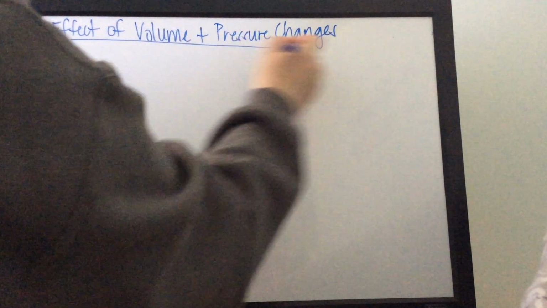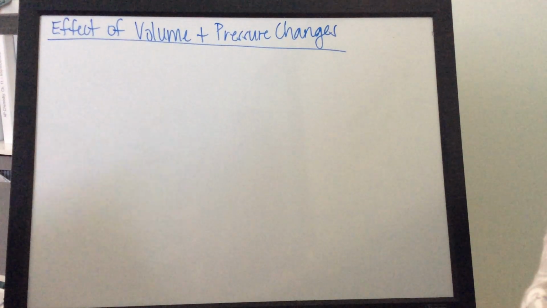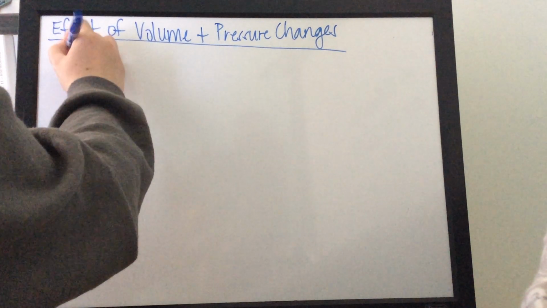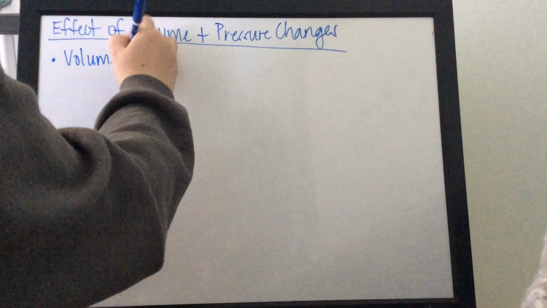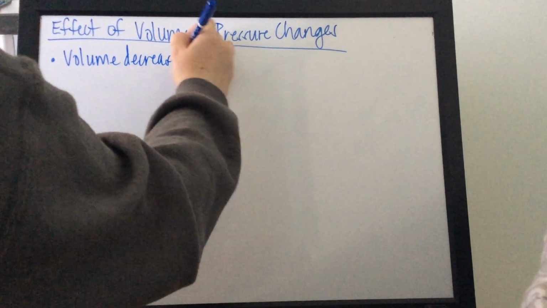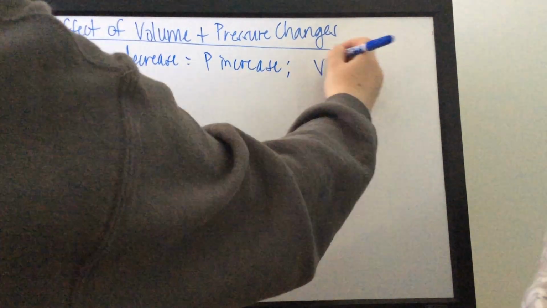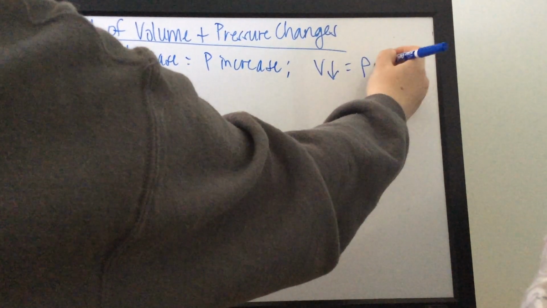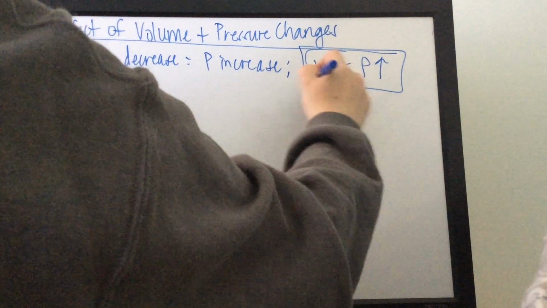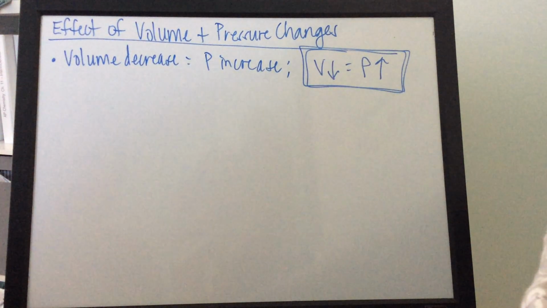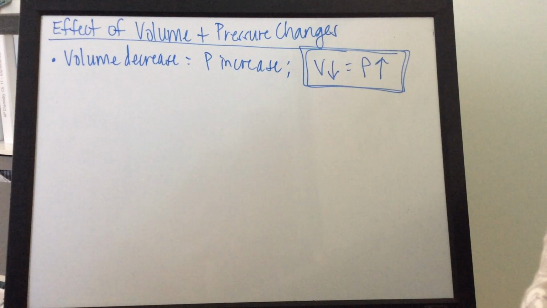So the first one is talking about changing the volume and then thus changing the pressure. Okay, so you have a bullet point that says if we have a volume decrease, we have a pressure increase, right? And that's because this is the big idea that P and V are inversely proportional, right? And that goes back to our gas chapter and all of that discussion.